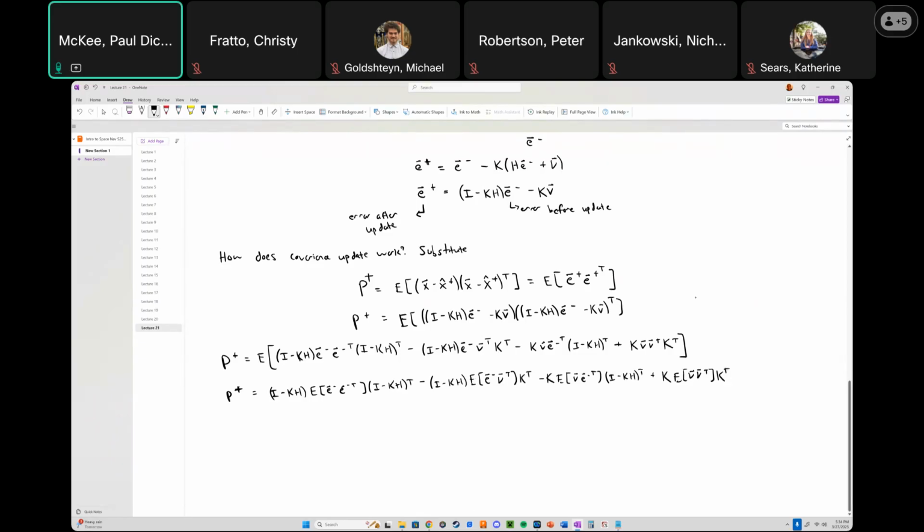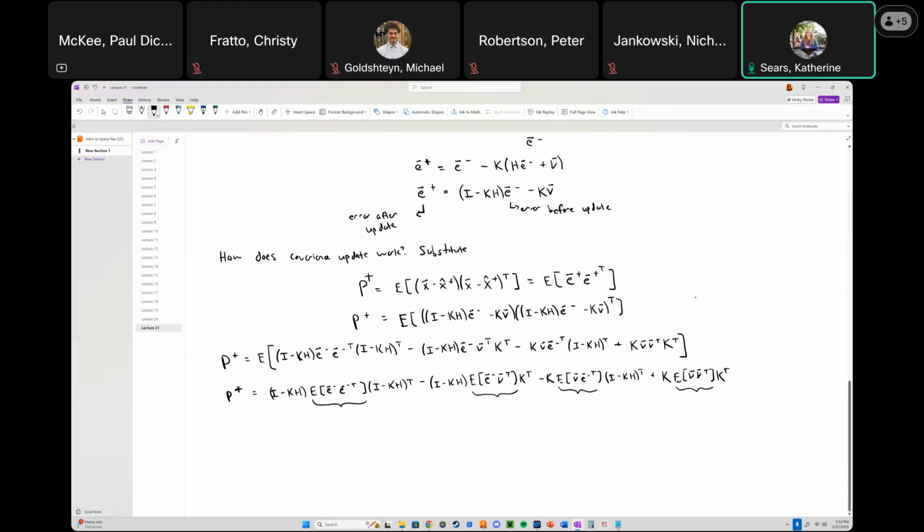Please tell me something in here cancels out. Anybody want to take a guess? At least one of these terms is 0. Would the expected value of the E minus times E minus transpose be 0?